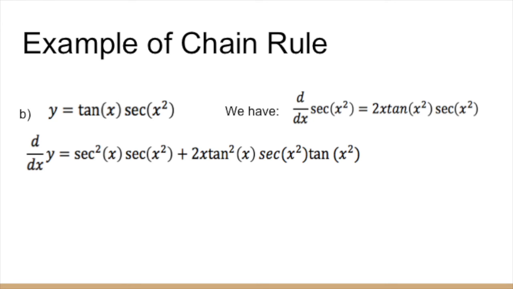We'll get the derivative of secant of x squared equal to 2x tangent of x squared times secant of x squared. Now, just based on the formula, we have dy over dx equals secant to the 2x power.